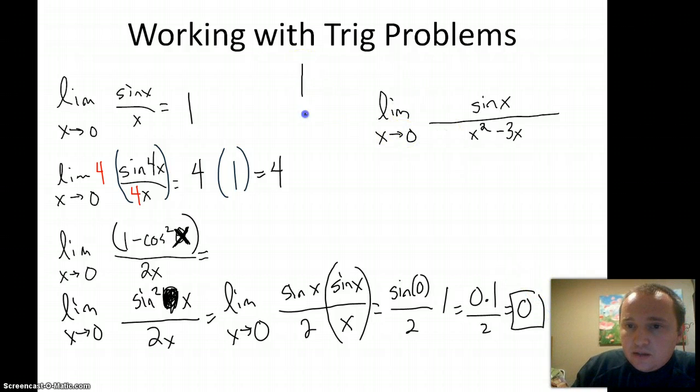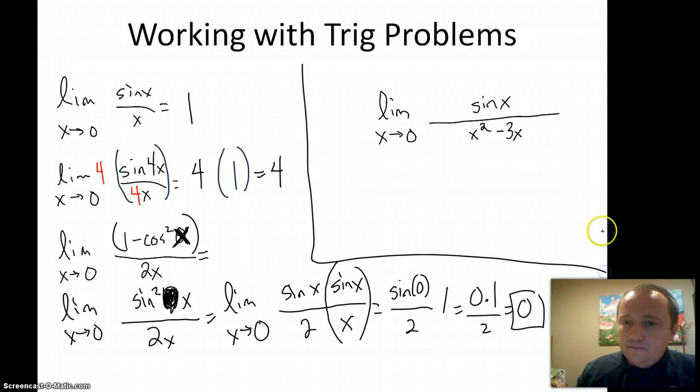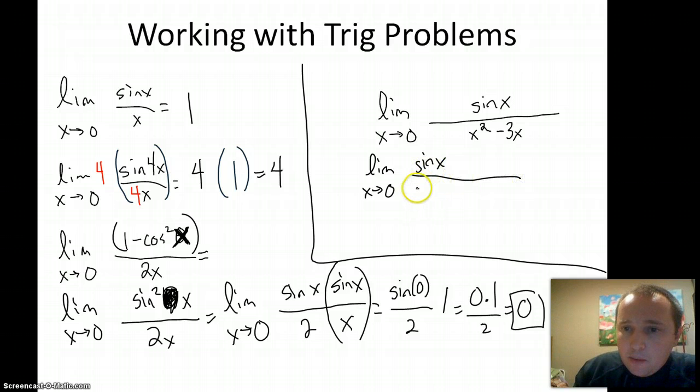Next one. This is a really good one. Here we go. Limit as x goes to 0. Now, anytime you see something that you can factor or work with, factor it. Work with it. I'm going to factor an x out, and I'm left with x minus 3. Okay. What does sine x over x approach? 1. Okay.